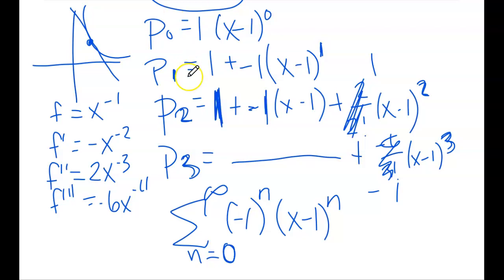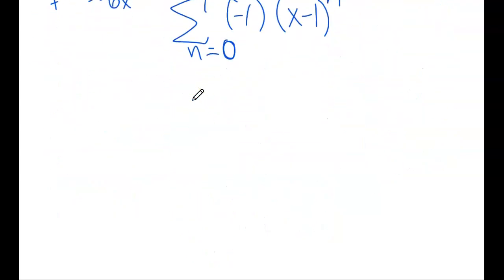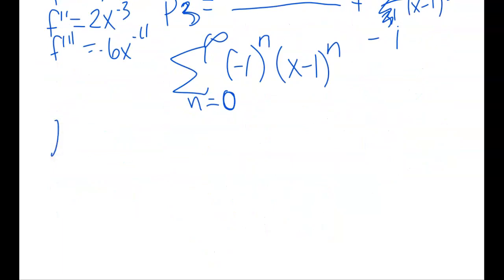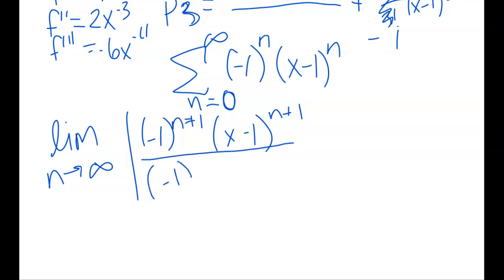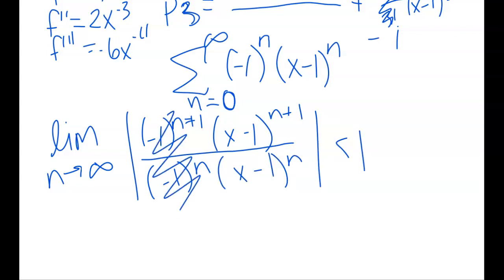All right, so now let's find the interval of convergence. So the limit as n goes to infinity of the absolute value of negative 1 to the n plus 1, (x minus 1) to the n plus 1, all over negative 1 to the n, (x minus 1) to the n, less than 1. These don't matter, and I end up with no n's, so I'm really just looking at when is x minus 1 less than 1.